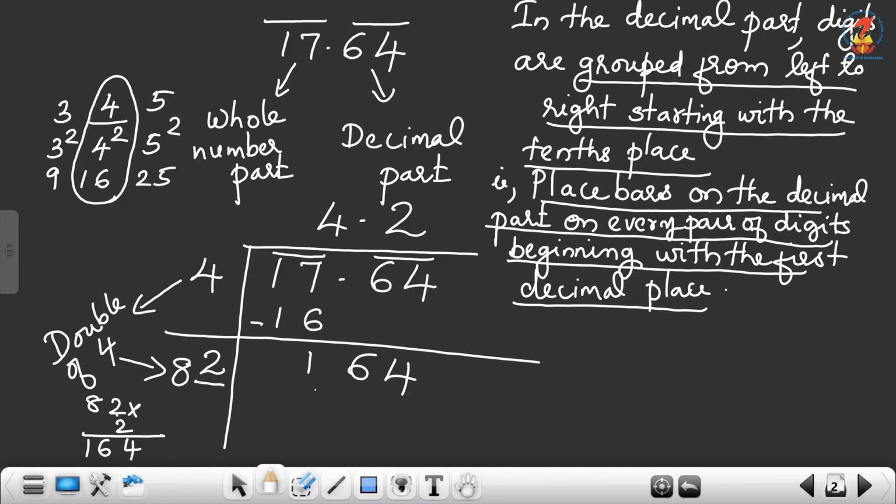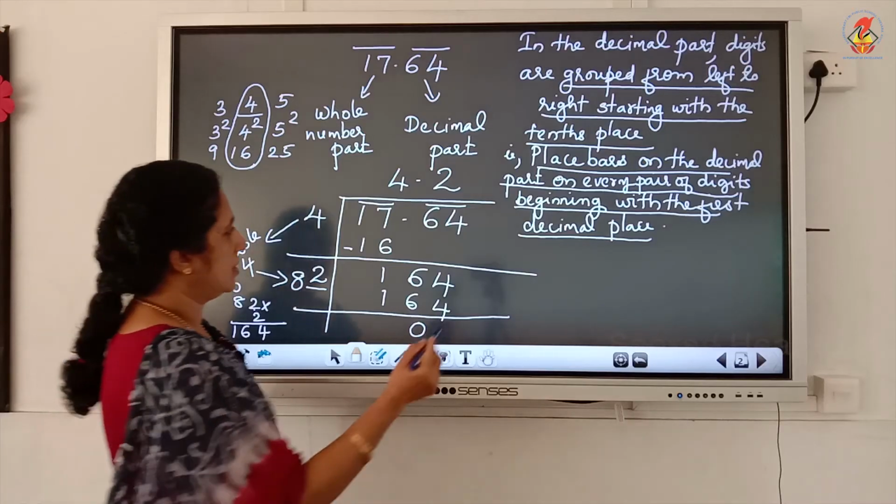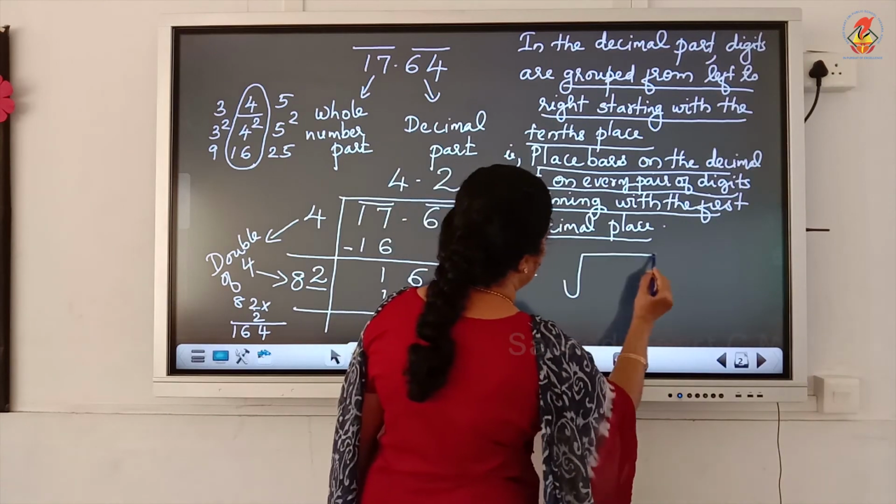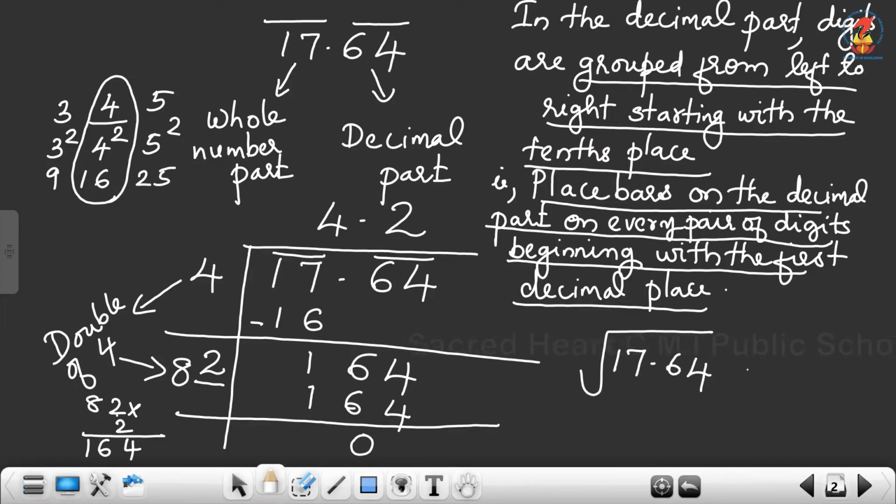Then 82 into 2, 164. Find the difference, 0. So the remainder is 0. Therefore, square root of 17.64 equal to 4.2.